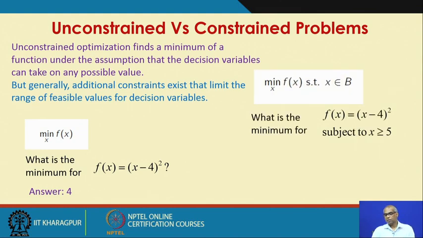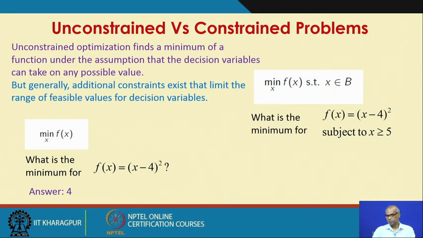Let us now take the same objective function, but put some constraint on x. Let us consider the objective function f(x) = (x - 4)^2 subject to x greater than or equal to 5. So, x cannot be less than 5; it can be 5 or greater.